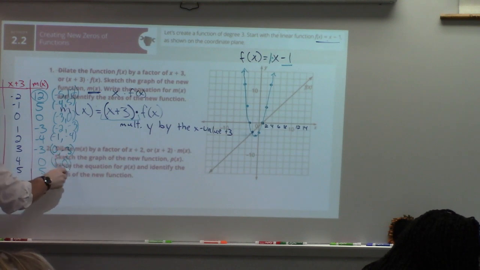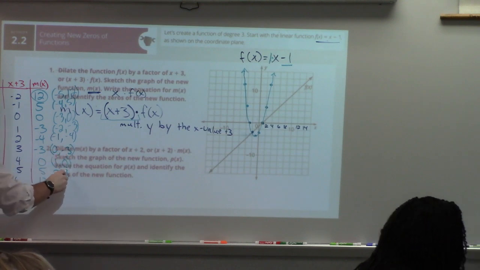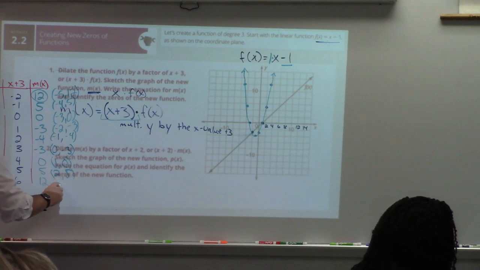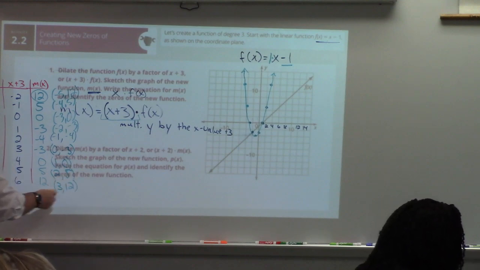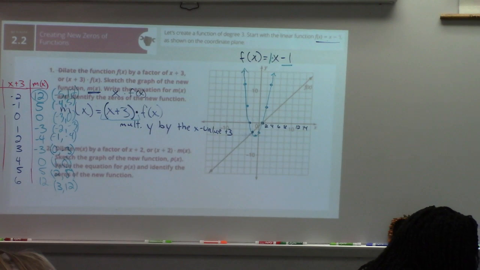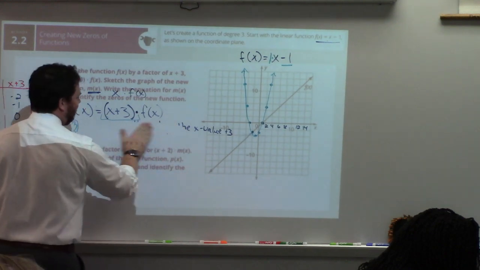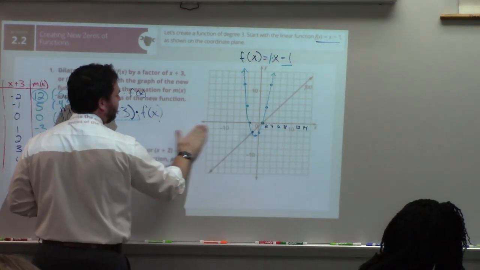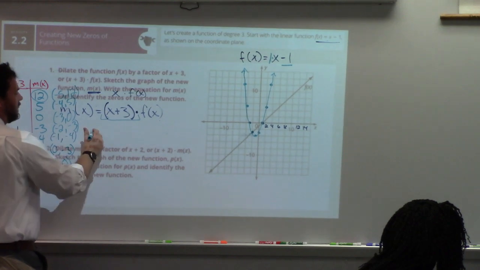The only way to get that parabola is the product of 2 linears. Okay? So from here, what we want to recognize is what would the equation for m of x actually be?